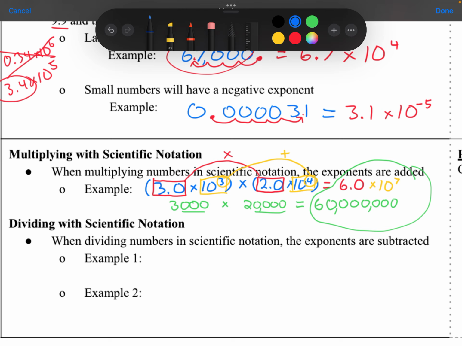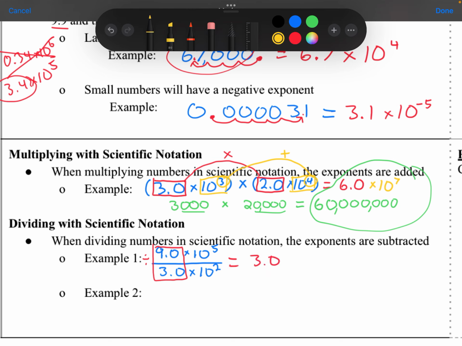All right. Second rule, if I am dividing with scientific notation. Let's say that I am dividing 9.0 times 10 to the 5th by the number 3.0 times 10 to the 2nd. Just like before, I have my raw numbers, and I can just divide those normally, right? 9 divided by 3 is 3.